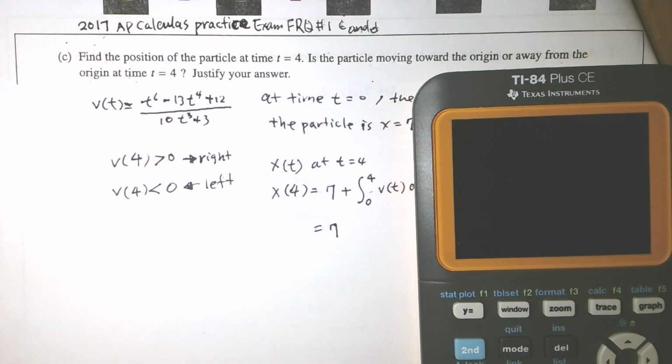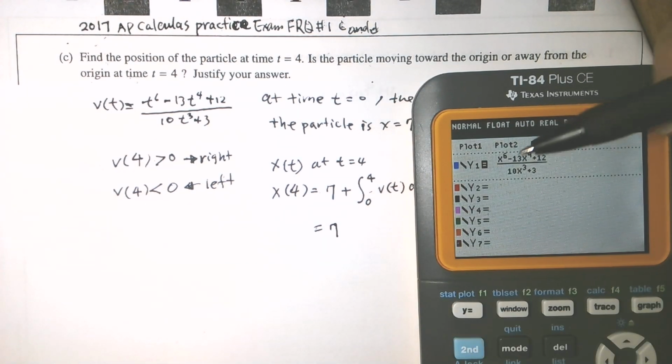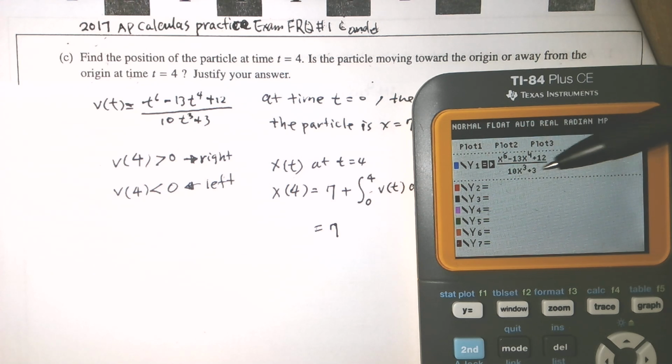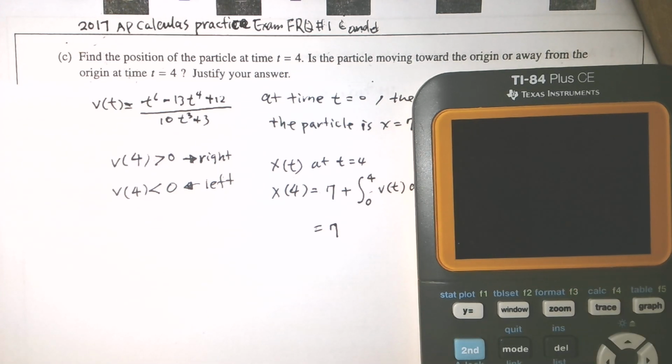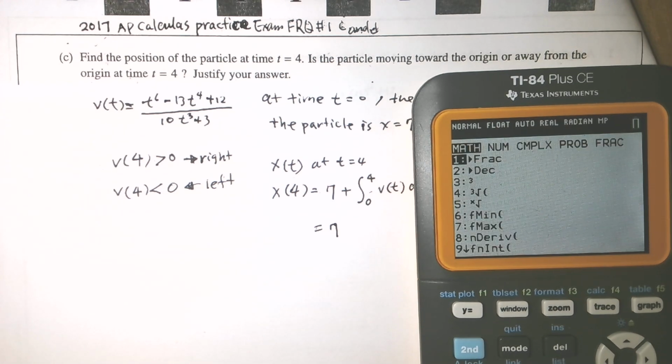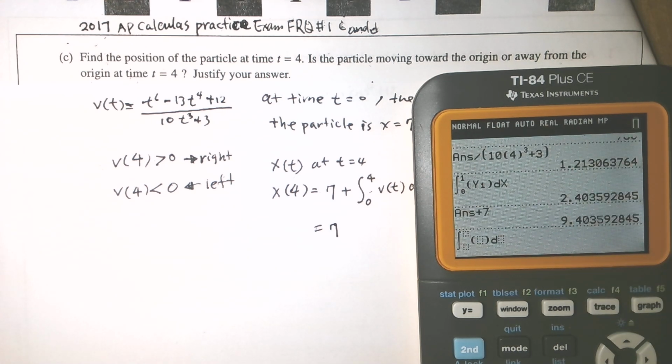For this integral from 0 to 4, we use the calculator. First, we plug our function into y1: x to the 6 minus 13 x to the 4 plus 12 divided by 10 times x to the third plus 3. Then we take the integration of this function. We do Math 9. The lower limit is 0, the higher limit is 4.